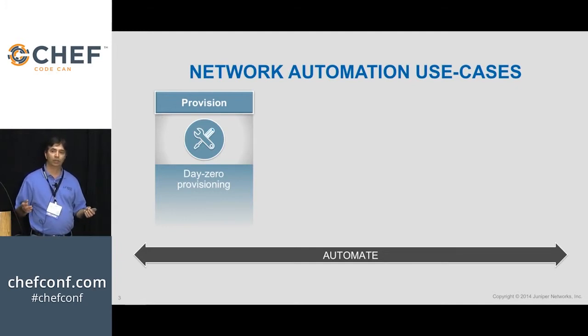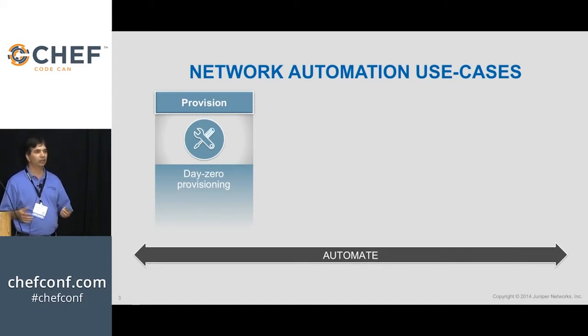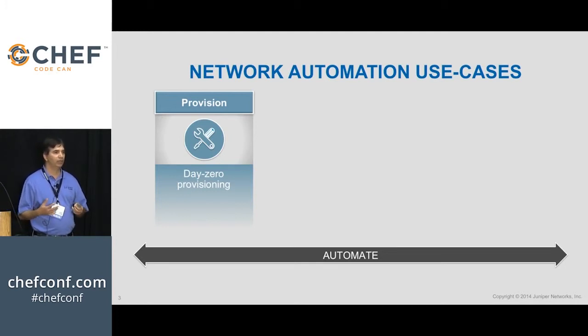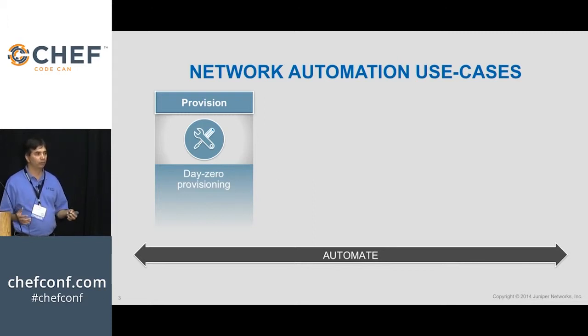You may also have configuration based on location. A branch office configuration will be different from the main office configuration. As you can see, the complexity of configuration keeps increasing, even for day zero configuration. And this is a perfect problem to solve using automation.